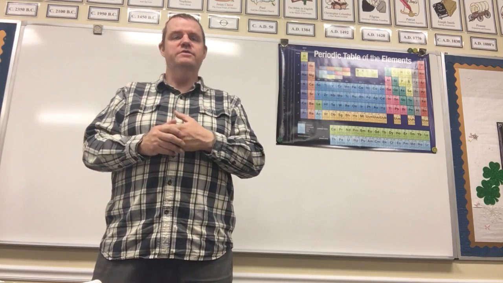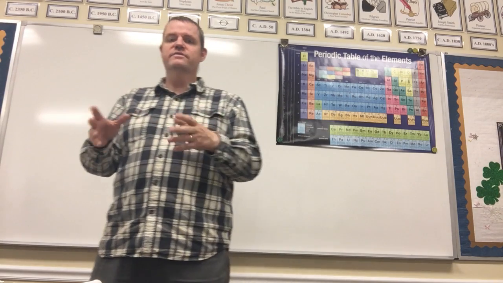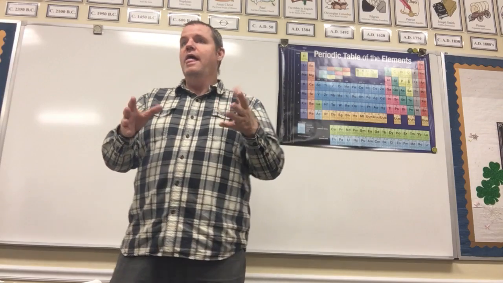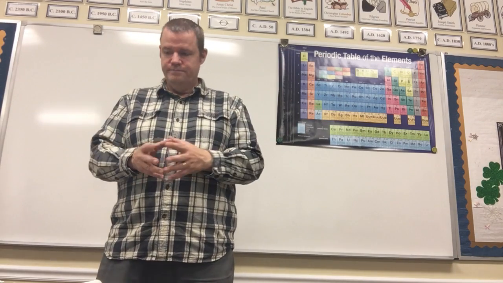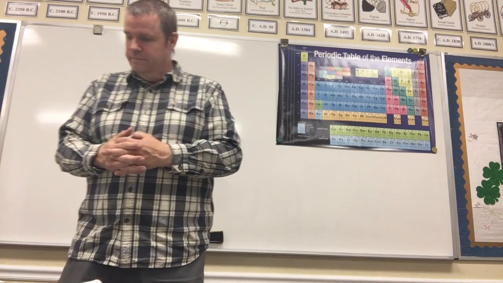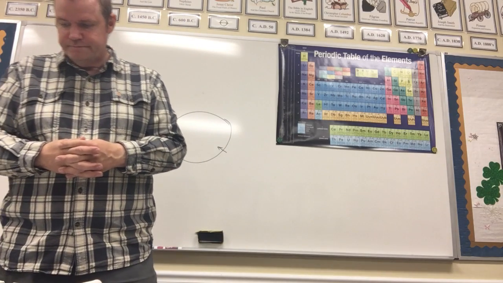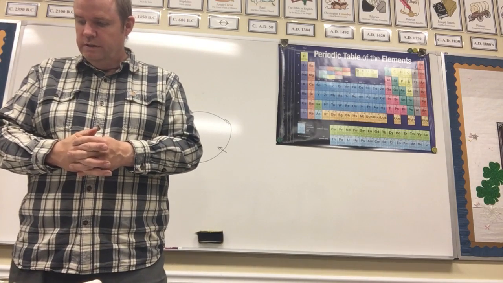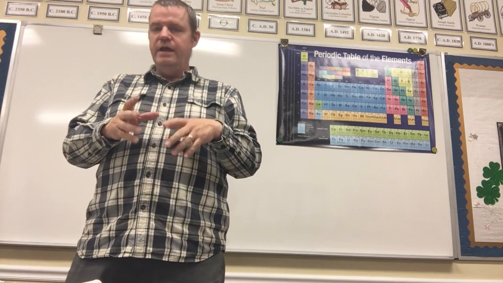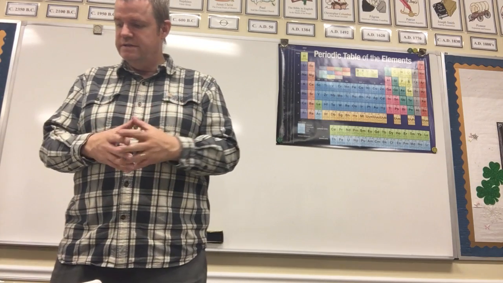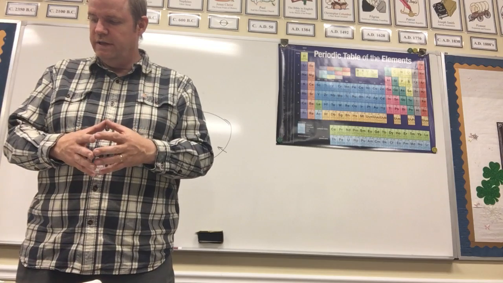So air has oxygen and carbon dioxide and nitrogen and a little bit of argon and all these different things floating around in it, and it's all evenly distributed. It's homogeneous. And in the case of the water and the sugar, it would be that same way. It would be homogeneous.